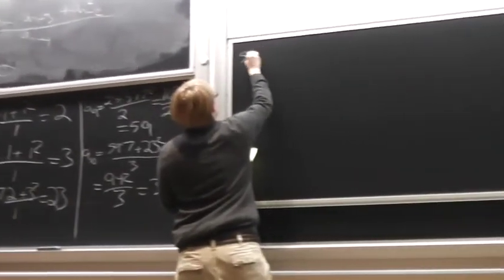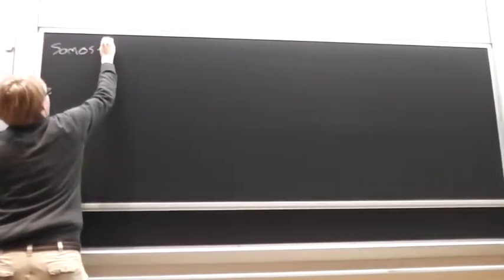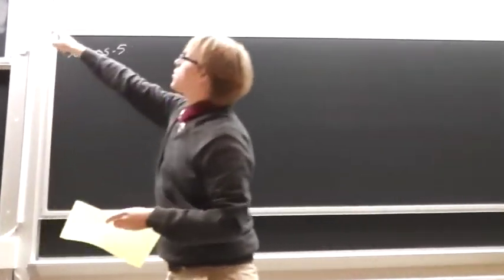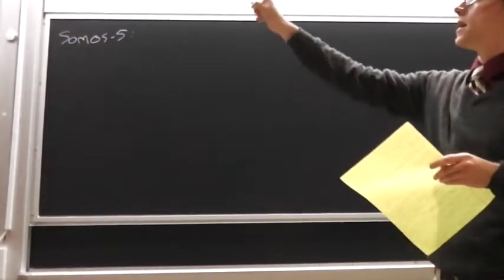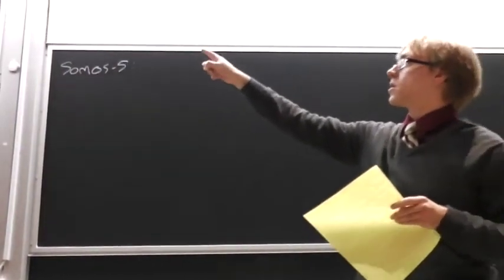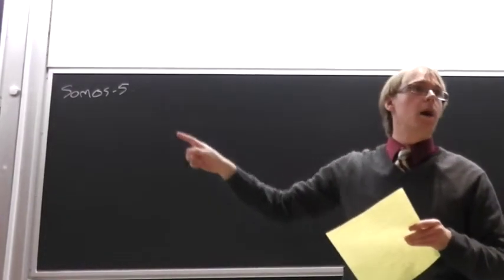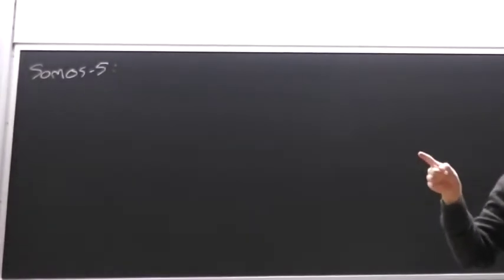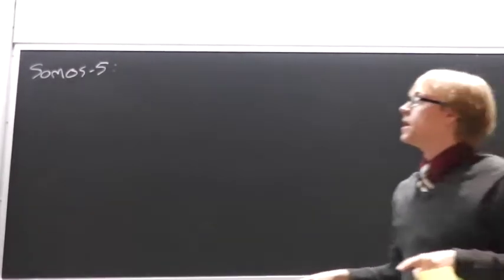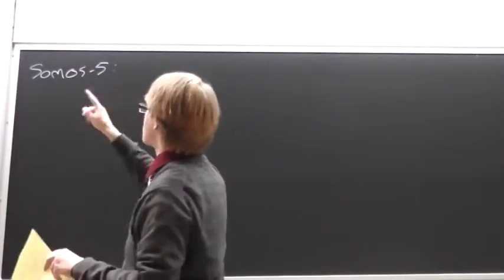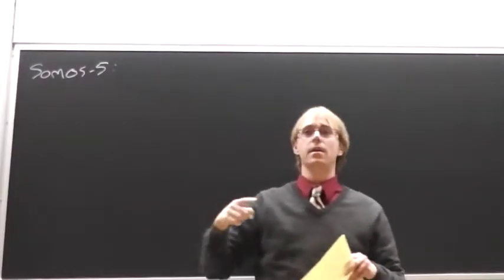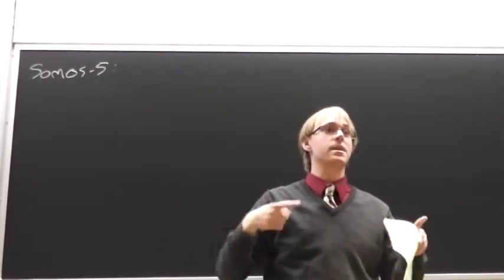For example, the Somos-5 sequence. Note that the Somos-4 sequence has order of recurrence four: you look at the previous 4 terms to figure out your next term. So the Somos-5 sequence is a fifth order sequence defined in much the same way.